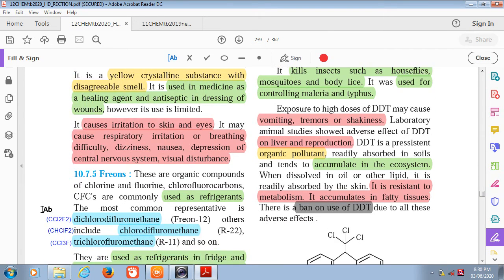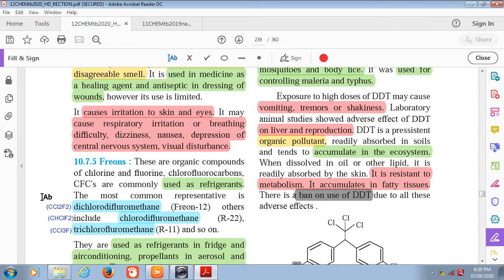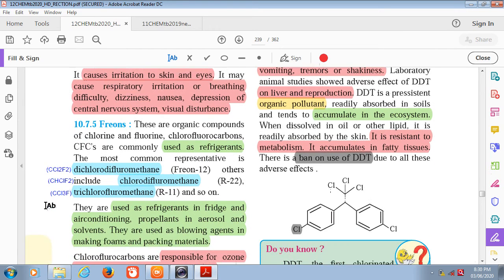Then the next compound is freon. These compounds are also known as chlorofluorocarbons, and they contain chlorine and fluorine. So that's why chlorofluorocarbon. The most common compounds are dichlorodifluoromethane, that is CCl2F2, freon 12.